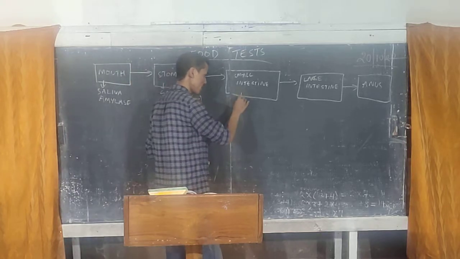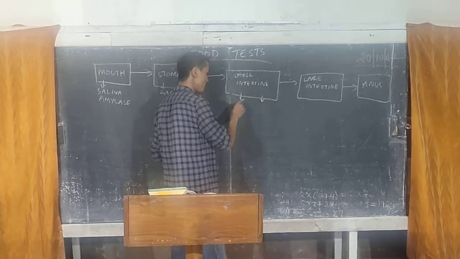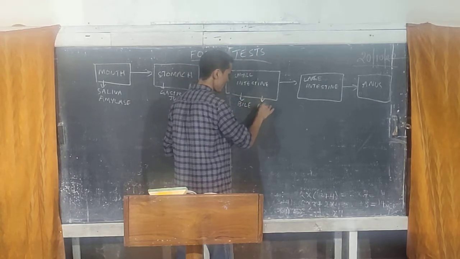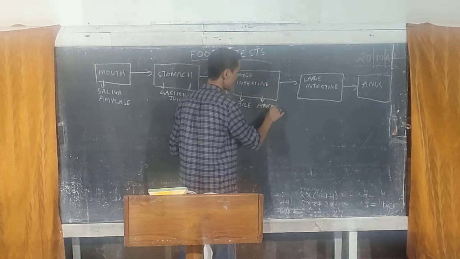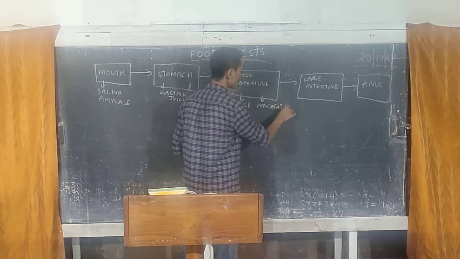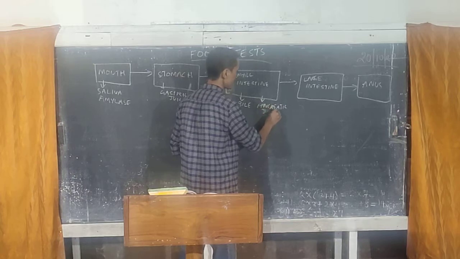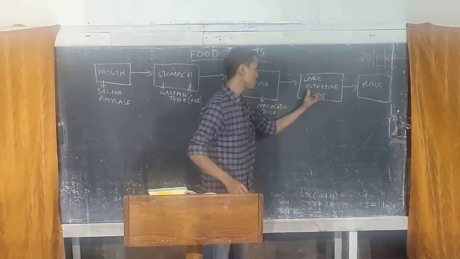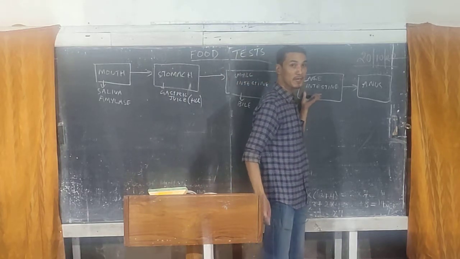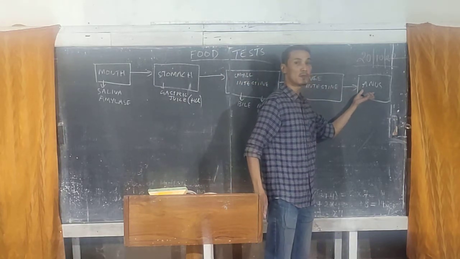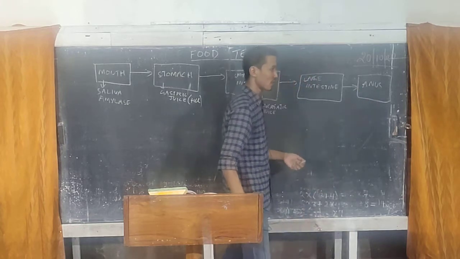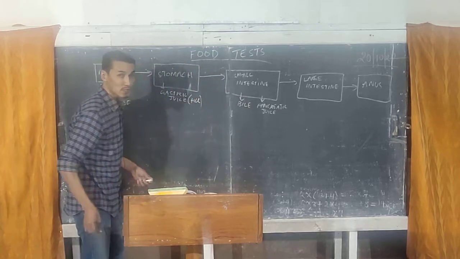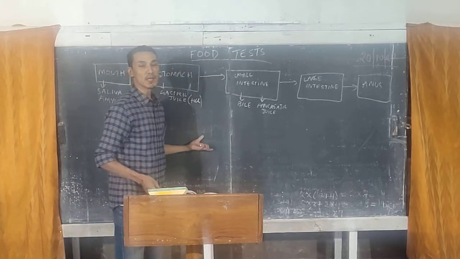In the small intestine, the food gets mixed with bile and pancreatic juice. Also, the food is absorbed. Undigested food passes to the large intestine, and finally from the large intestine it is removed in the form of feces through the anus.